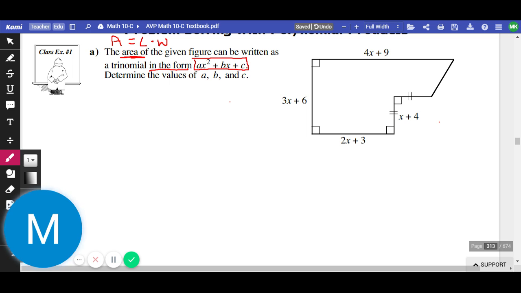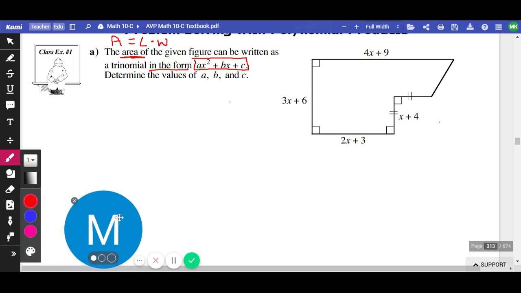So if we look over here at this crazy shape, if we assume we only know length times width, then we have to break this thing up into rectangles and squares. All right, so to do that, you're going to draw invisible lines, or I draw dotted lines.